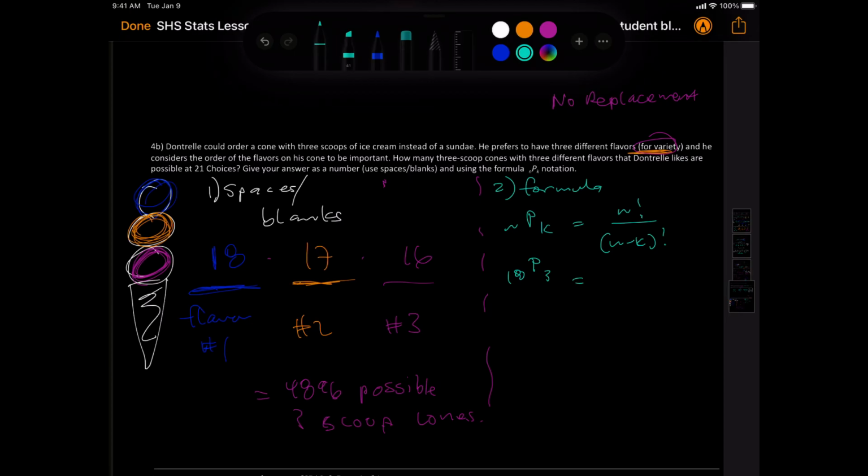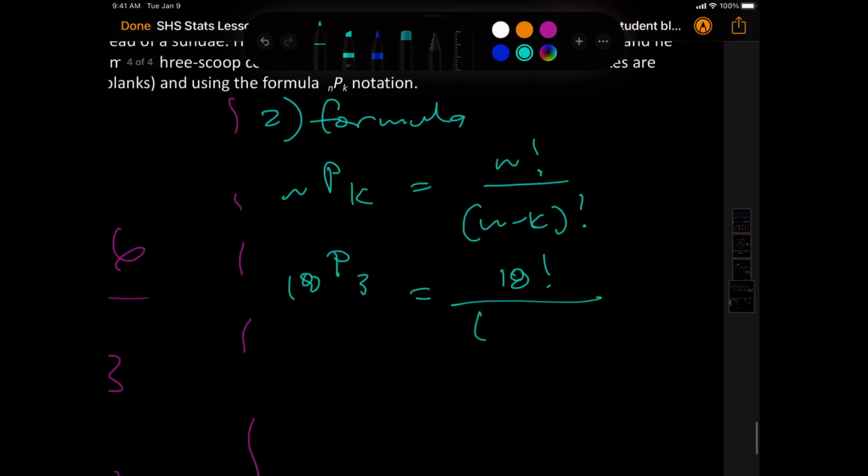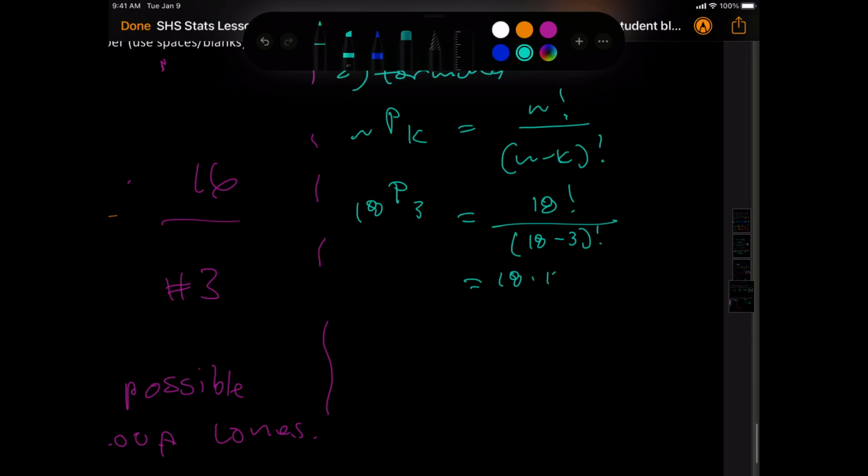So n is 18, and n minus k is 18 minus 3. So again, you're going to have 18, 17, 16, 15, and you can just use those dots to go down. That's essentially 18 factorial over 15 factorial. And then these all cancel, right? So you're just left with 18 times 17 times 16, which is the same number we had before.